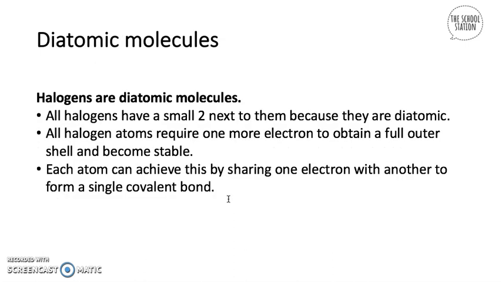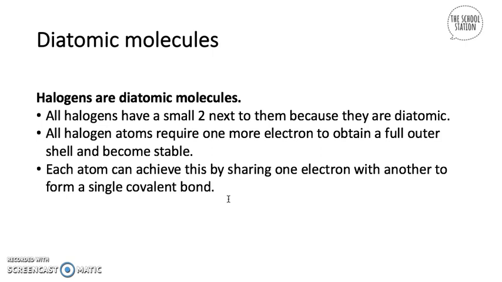Now that we've talked about reactivity, we can go to diatomic molecules. We have to know that halogens are diatomic molecules. What does this mean, you may wonder? It means that halogen atoms need one more electron from another atom to form a single covalent bond.